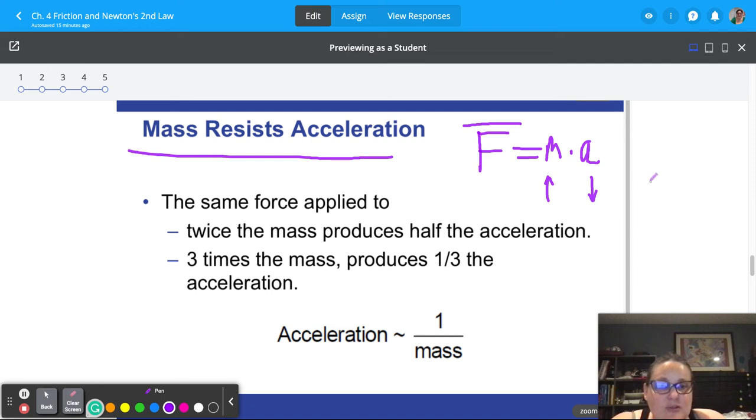The opposite's also true. If I decrease the mass, I increase the acceleration. An example of this would be if you are on your skateboard going down the sidewalk and you pick up a backpack as you're rolling. If you are not adding any energy to your movement, you will slow down.